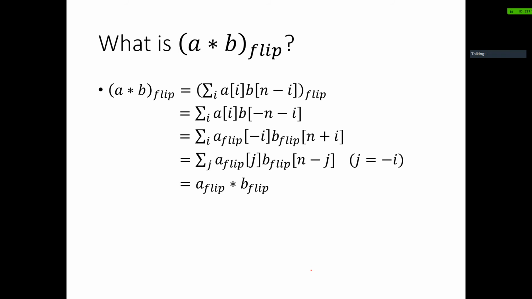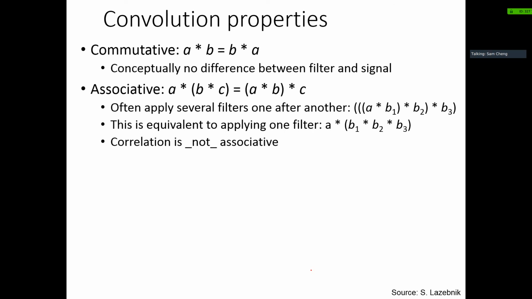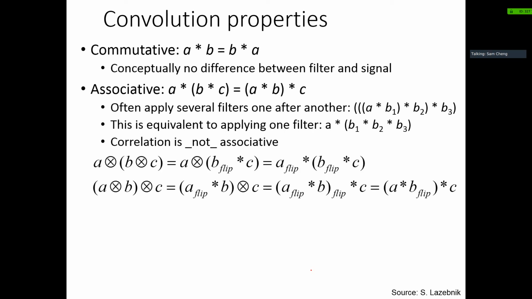So I mentioned all these properties here. I just use that A convolve with B flip is equal to A flip convolve with B flip, because I want to show that associativity is not true for correlation.